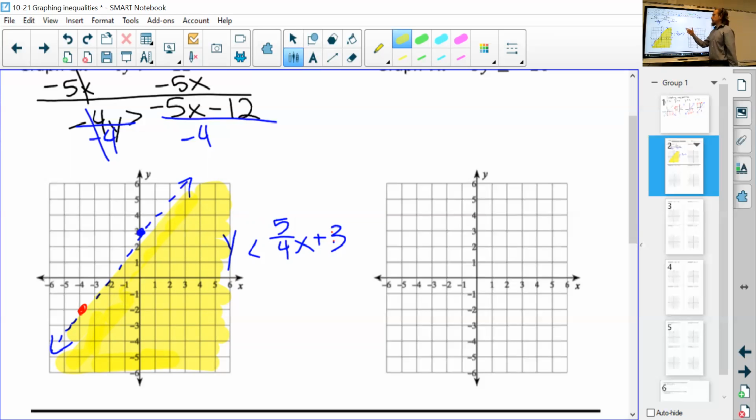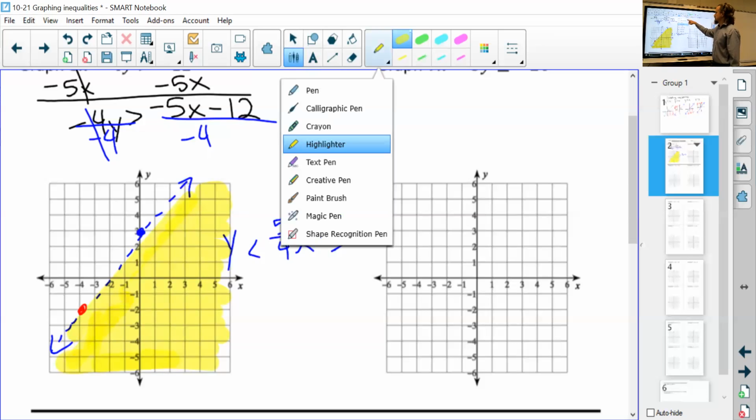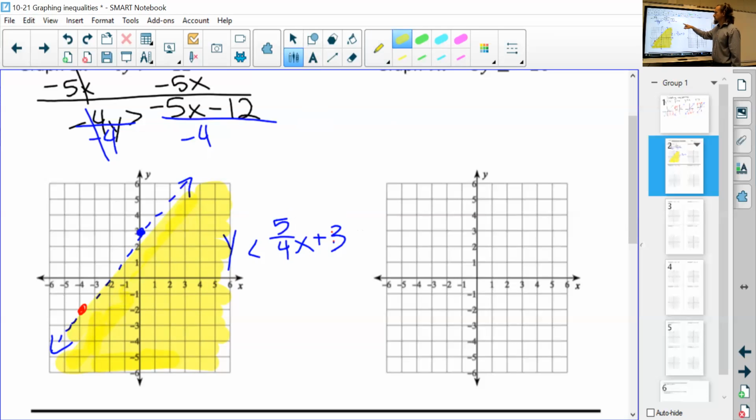So the point we check, I can check any of these, but a point you're going to see as a good checkpoint is 0, 0, just because it makes the math really easy to do. So is that really part of the solution set?